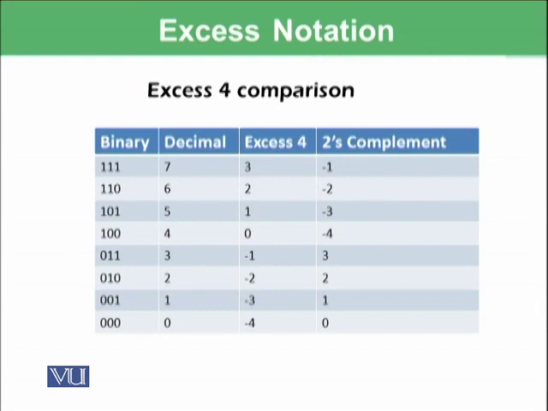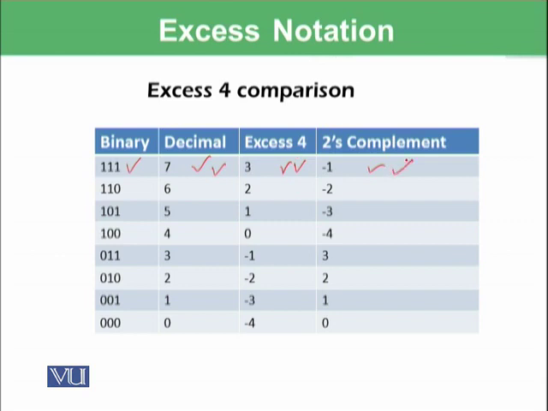Here I have made a comparison of binary, decimal, excess 4 and 2's complement. You can see that 111 is represented in decimal as 7. In excess 4 notation it is giving 3, and in 2's complement it is giving -1.